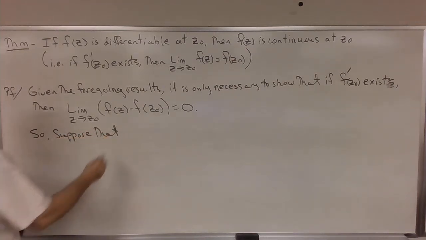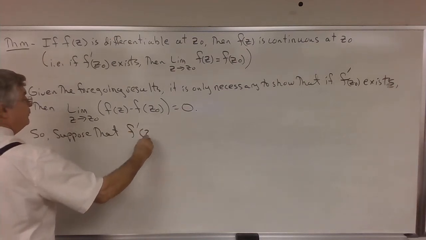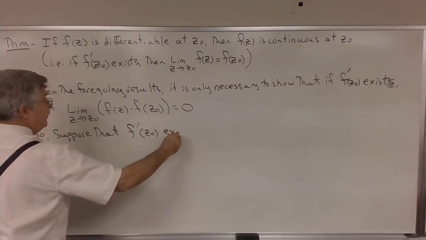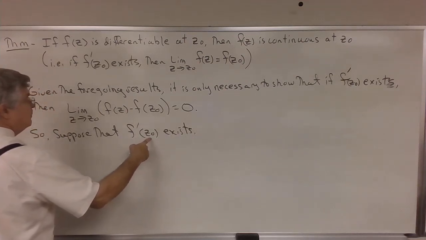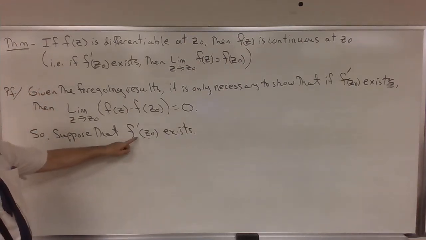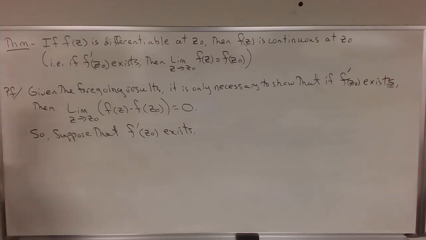So we'll take as true the hypothesis that f is differentiable at z0. That is, f prime of z0 exists. And now we're going to take this expression and show that it's equal to 0.